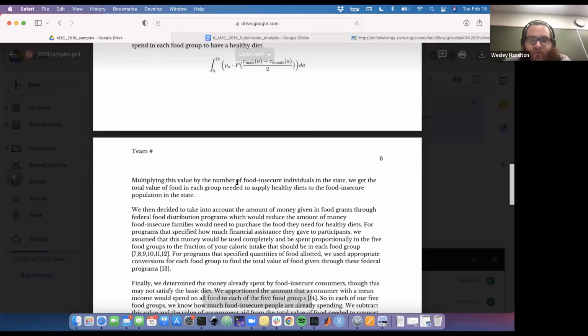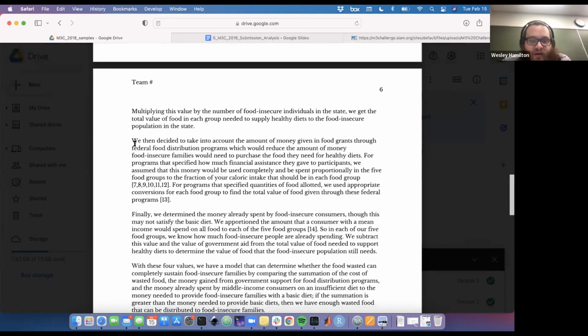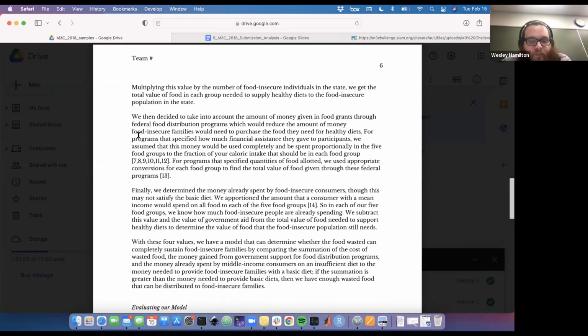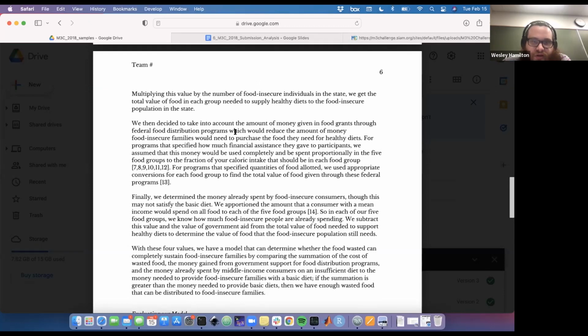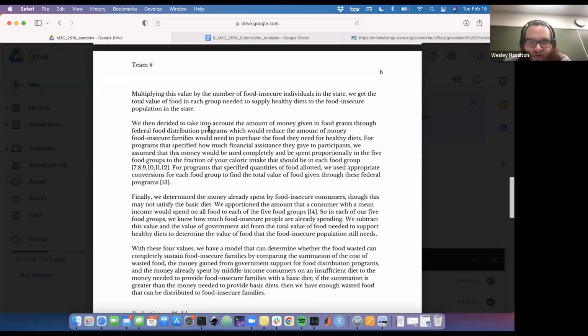Multiplying this value by the number of food insecure individuals in the state gives the total value of food. Okay. So let's see, running up the clock. Yeah, okay, so we can take a look. They decide to take into account the amount of money given in food grants through federal food distribution programs.